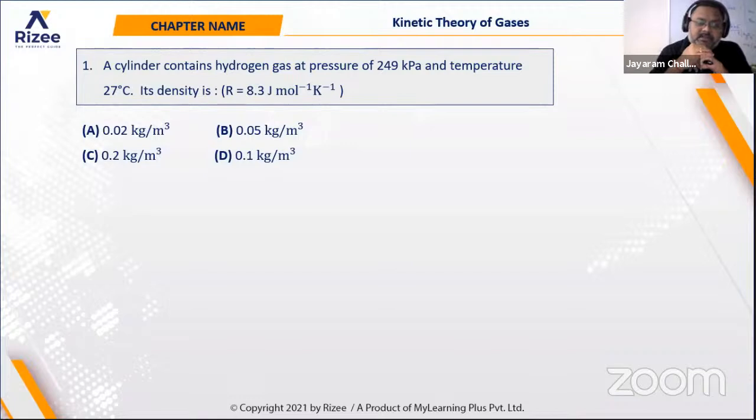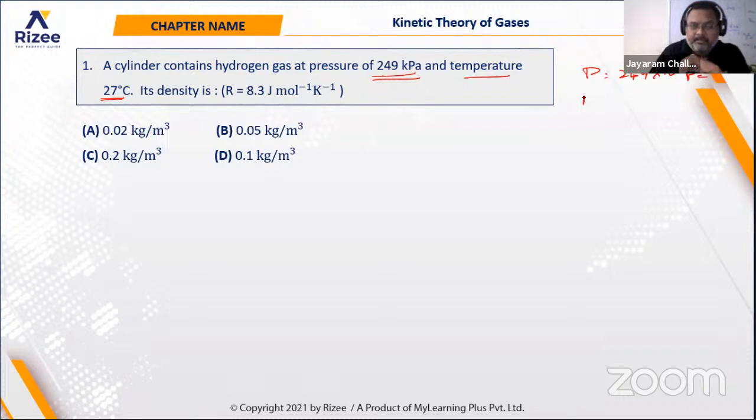Okay, this is your first question. A cylinder contains hydrogen gas at a pressure of 249 kilopascals and a temperature of 27 degrees centigrade. So he has given the pressure as 249 kilopascals, 10 to the power of 3 pascals.